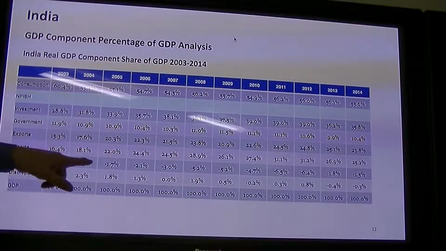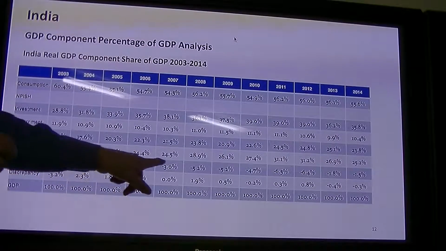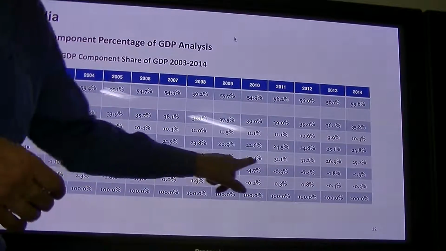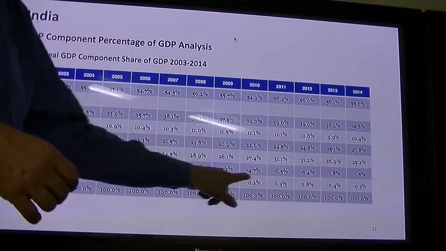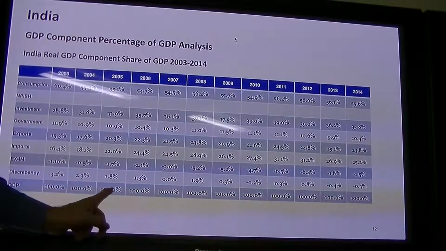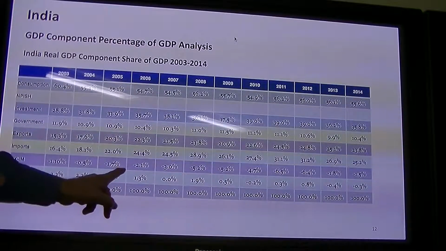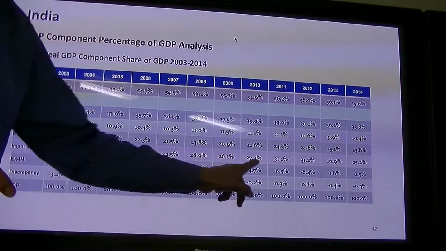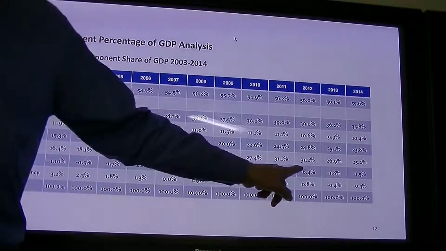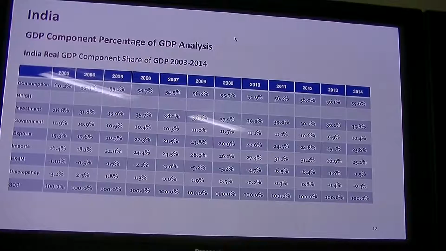Let's look at the exports minus imports. That's fairly high. One important thing when you look at something like the exports minus imports, you'll see this figure is a fairly high percentage, 4, 5, 6% of GDP. That's reasonably high.